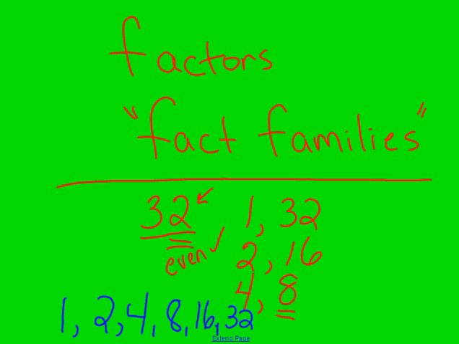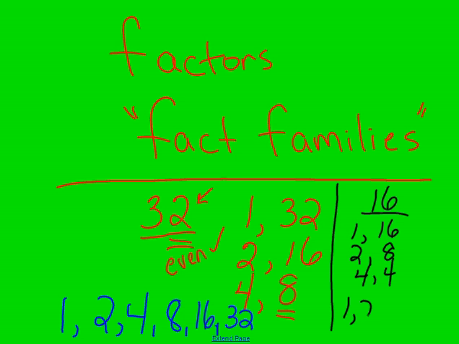If I'm considering common factors then, I need to look at what they have that are the same. So if I looked at the number 16, I know that I have 1 and 16, 2 and 8, and 4 and 4. So when I list them, I have 1, 2, 4, 8, and 16.